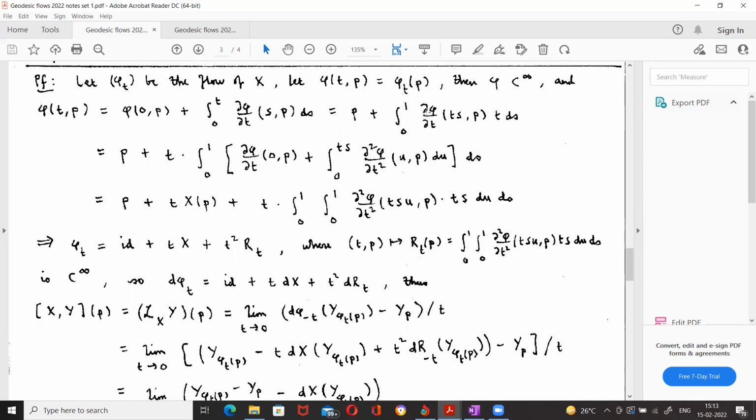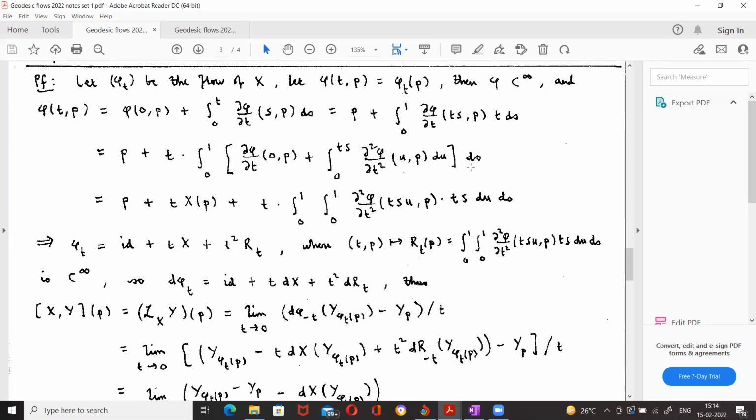Now, inside, I apply the fundamental theorem of calculus to this ∂φ/∂t once again. So this becomes p plus t times the integral from 0 to 1 of ∂φ/∂t at (0, p), plus the integral from 0 to ts, because I've got ∂φ/∂t of ts here, of ∂²φ/∂t² of (u, p) du, and outside I have a ds.